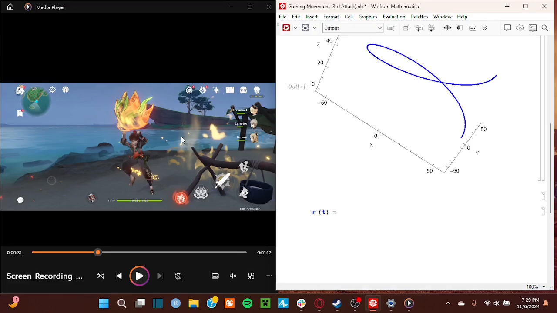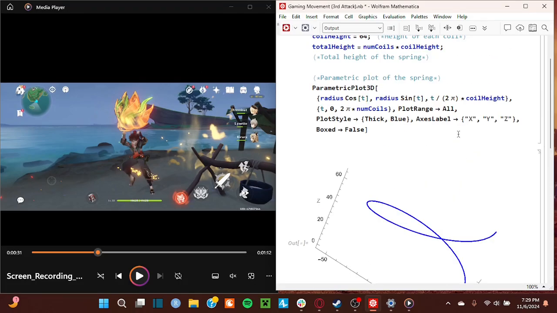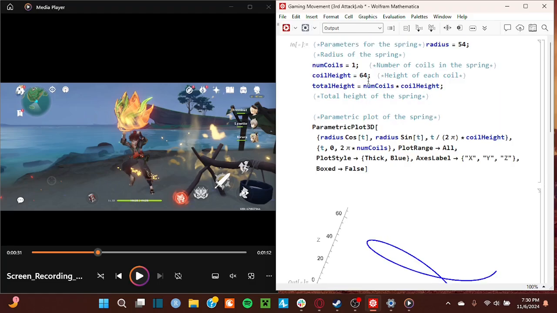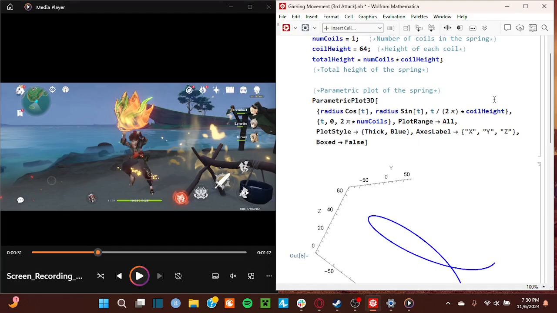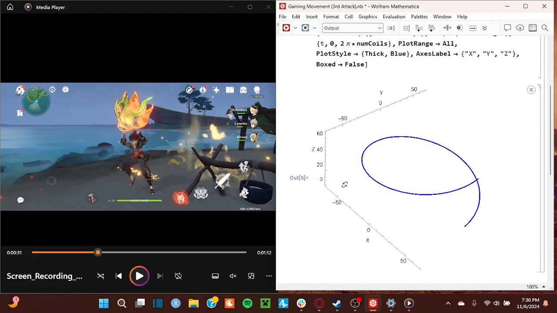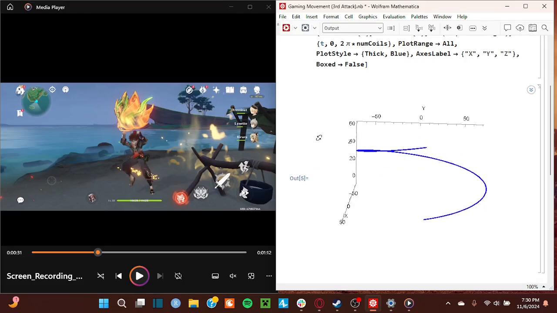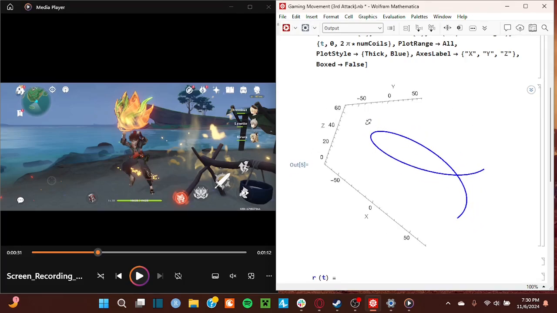But with 64 being the length of it, then that also tells us what the radius of this circle is. So if I were to do this again, I would probably change this to a 6 and then rerun this code. Let's do that. And that gives us a wider radius, as you can see.